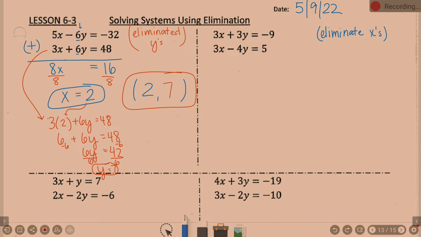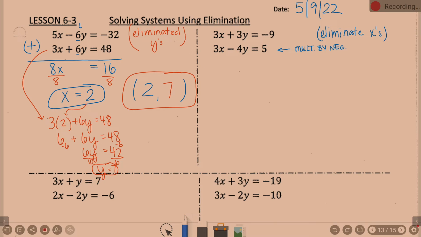Because these are both 3x's, they're both positive. Right now they have the same sign. We want them to have the opposite sign. And so we're going to multiply one of these equations by a negative. Doesn't matter which. I personally would do the bottom. What happens when we multiply by the negative?